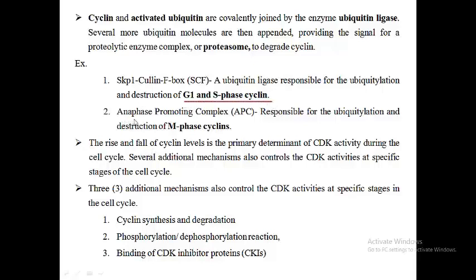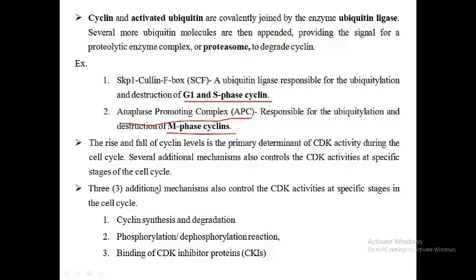Another example is anaphase promoting complex, APC, which is responsible for the ubiquitination and destruction of M-phase cyclin. The rise and fall of cyclin levels is the primary determinant of CDK activity during the cell cycle.